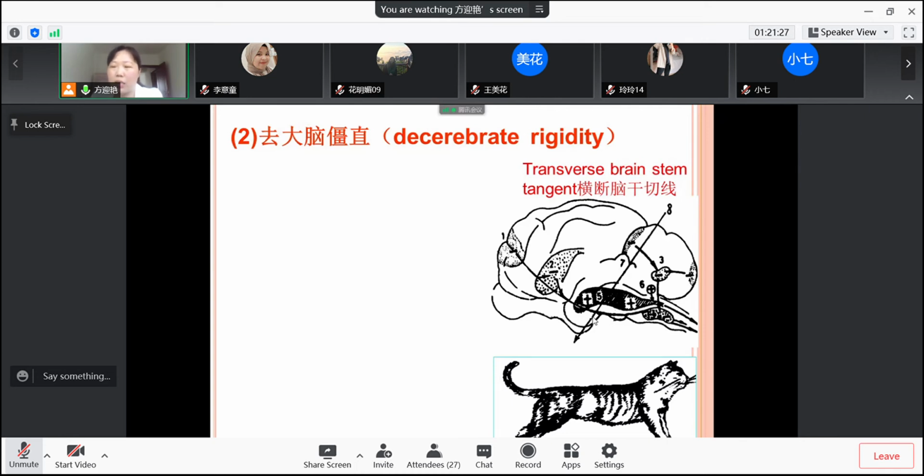We study the spinal cord, and we cut the connections between the spinal cord and the higher centers.